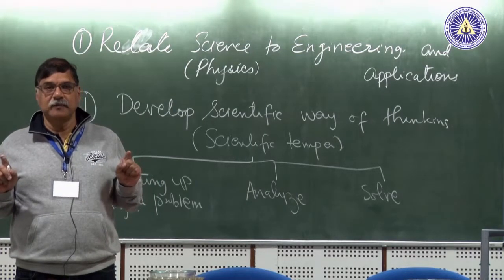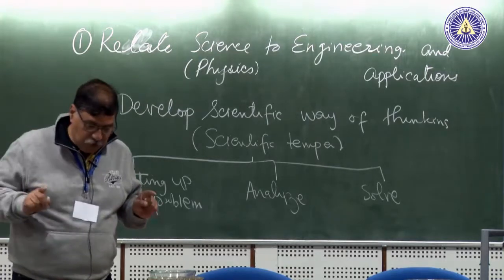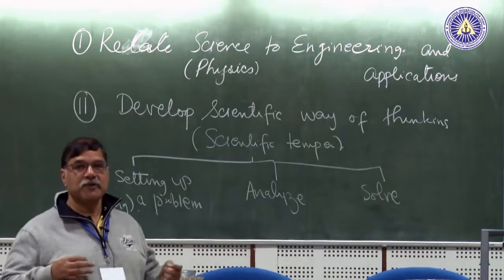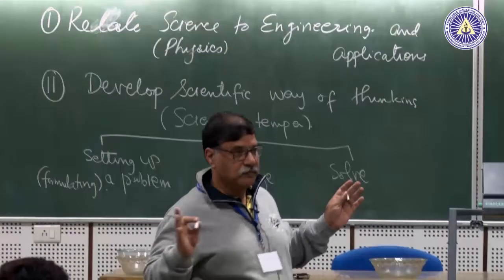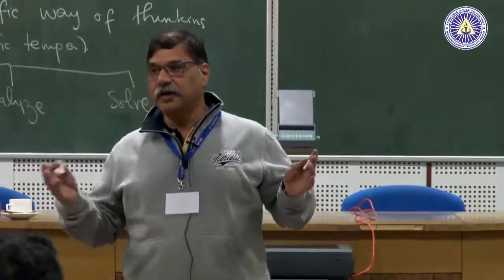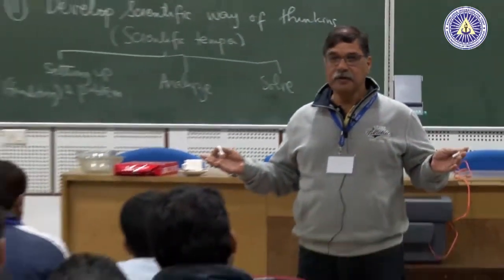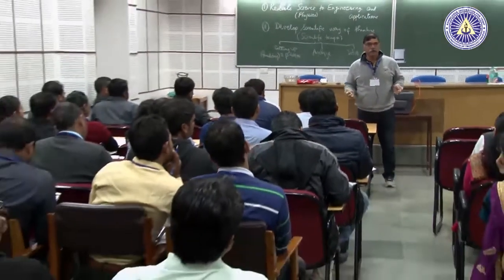Real life is not ideal, right. When I say Newton's first law, something in the state of motion remains in motion, yes, if there is no other force, but in real life there is friction, right. And how do I take care of that?